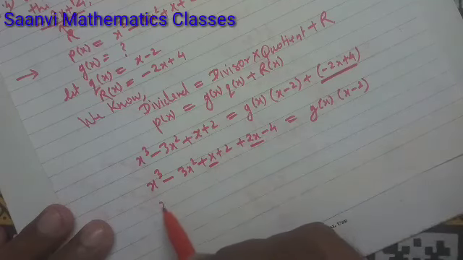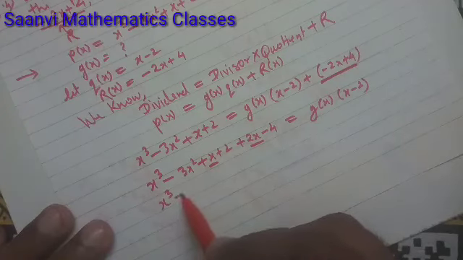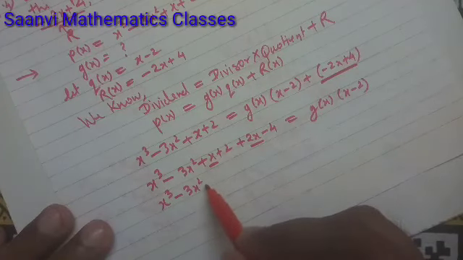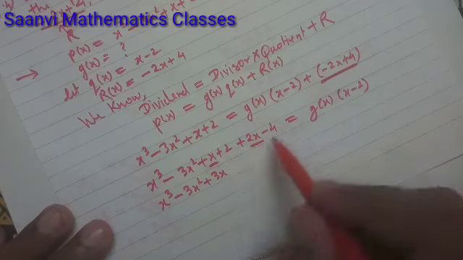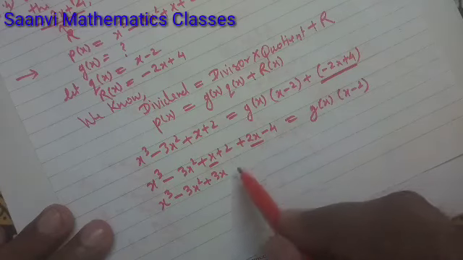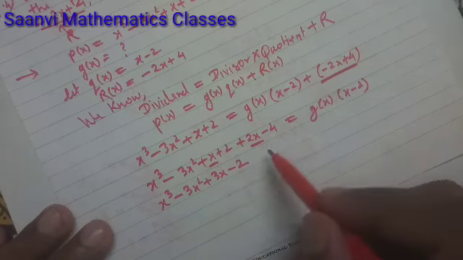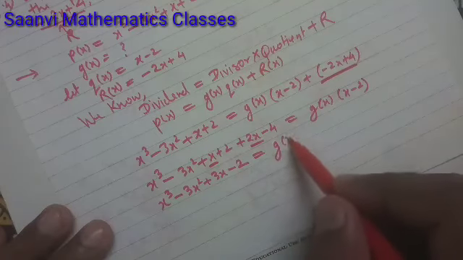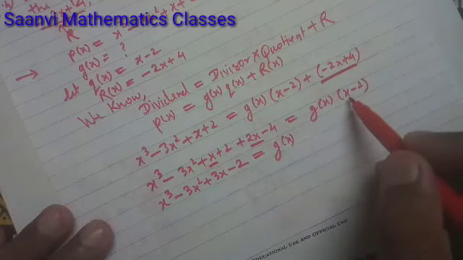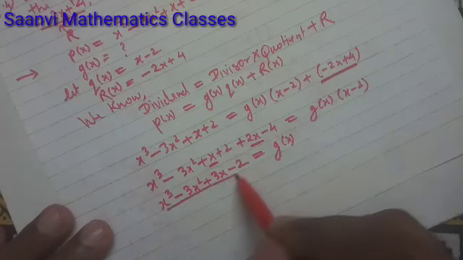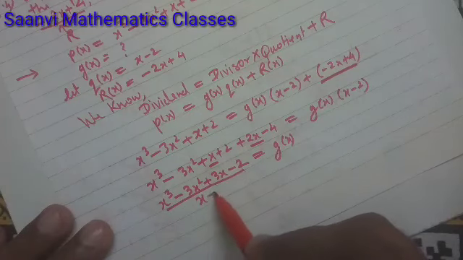So simplifying, you will get x cube minus 3x square plus 3x, and this 2 and minus 4 will become minus 2, is equal to g of x into this polynomial. If I take this polynomial to this side, it will come in the division.